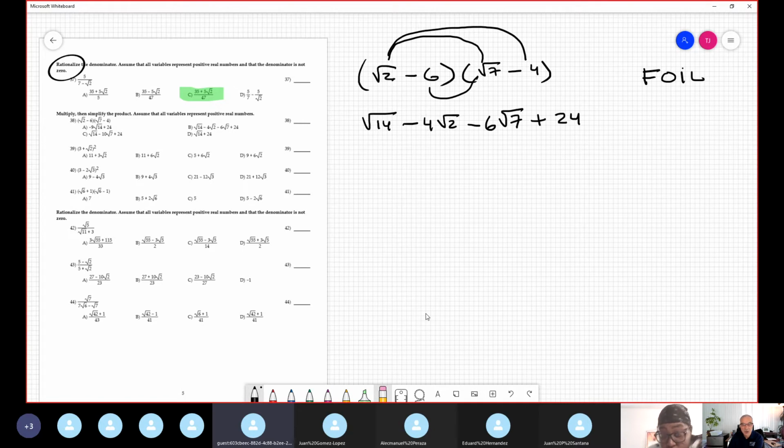Boom. Okay, let me try to do my best. Simplification here is 2 and 7, no couple. Minus 4 radical 2, I know that 2 is prime, impossible. 7 is also prime, impossible. 24. And can we combine this radical? No. Why no? Because there are different numbers inside the radical. This is my final answer then.